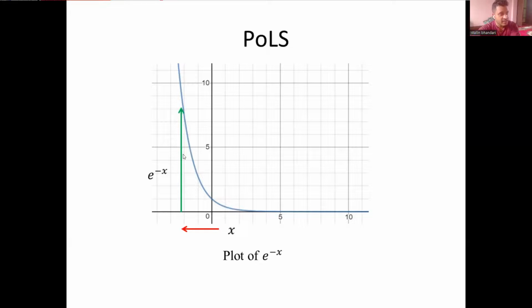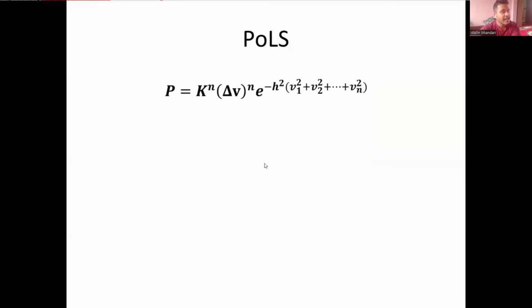That means for a function e raised to the negative power x, the function's value increases whenever the value of x decreases. So from here, we can say that for P to be maximum, this value should be a minimum.